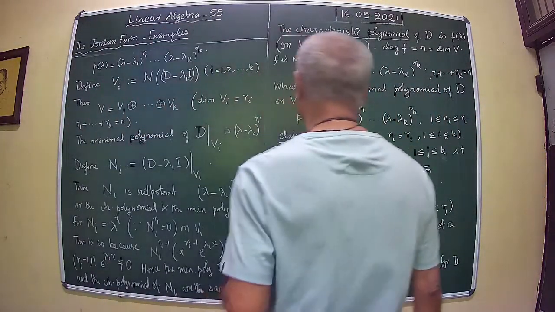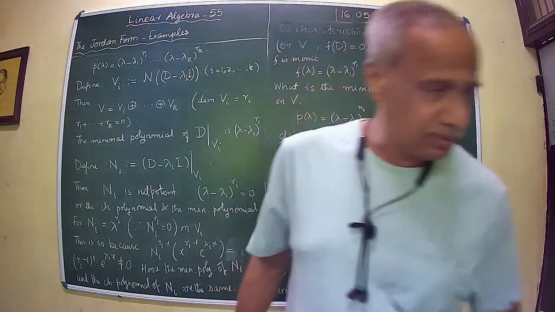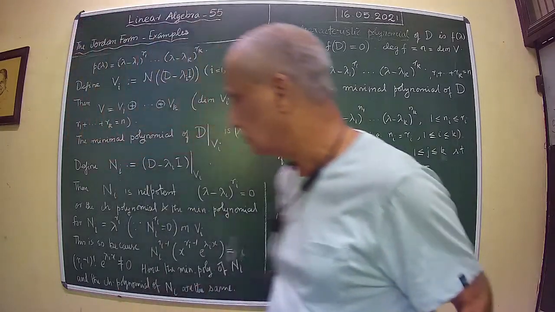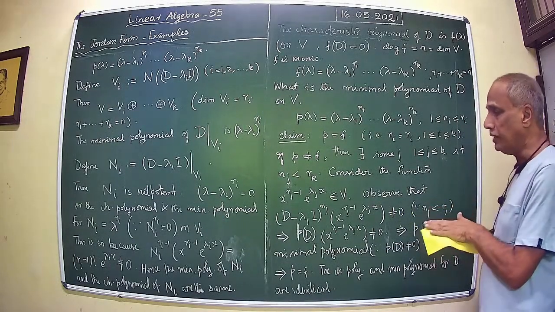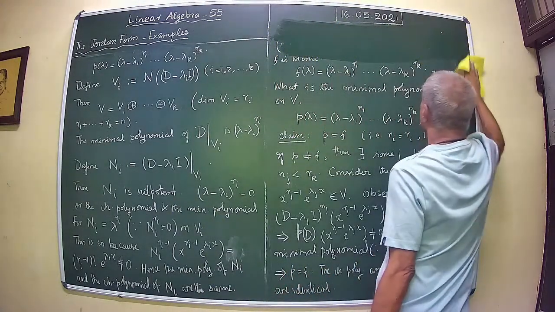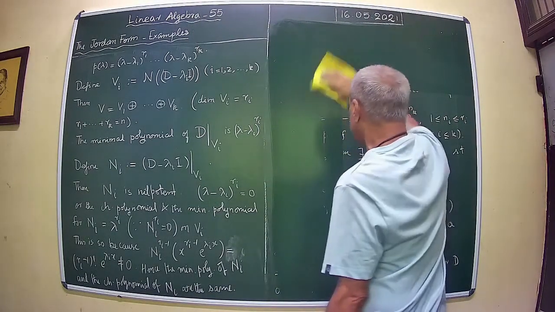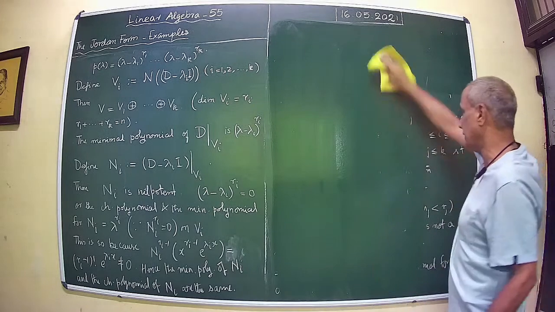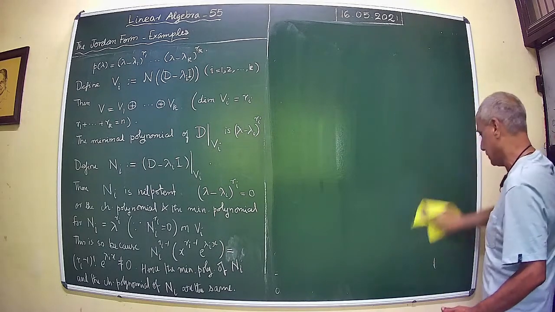So now what do we do? We write down the rational form for each of what is called Ni, and using that we write down the Jordan form. You can immediately write down the rational form for Ni. So let us write down.